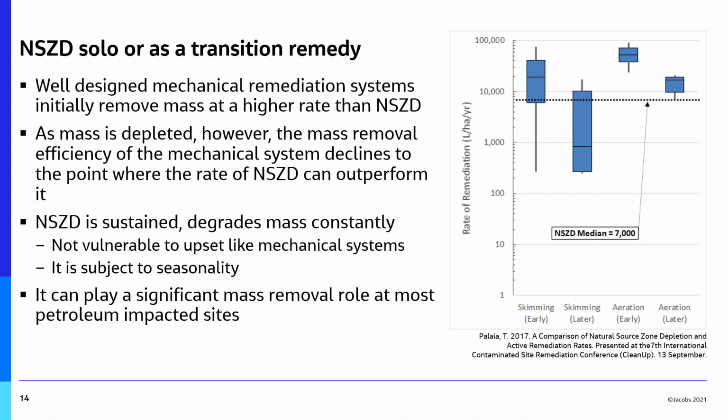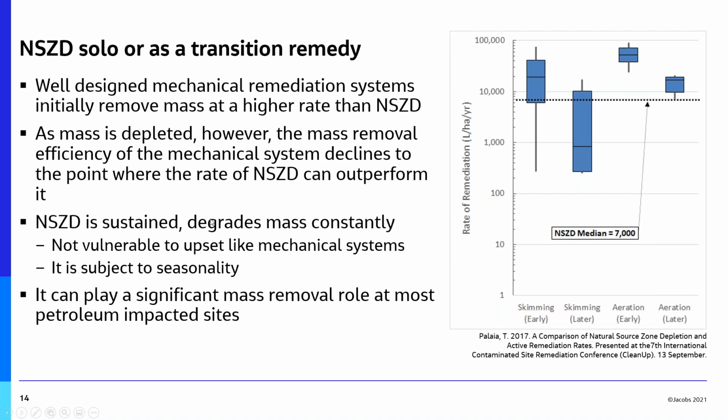So again, use NSED as a quantitative metric to help optimize and operate your systems for whatever amount of time makes the most sense. The key thing here is that NSED is chugging along at essentially a constant rate over this, say, decade of remediation that we're doing.